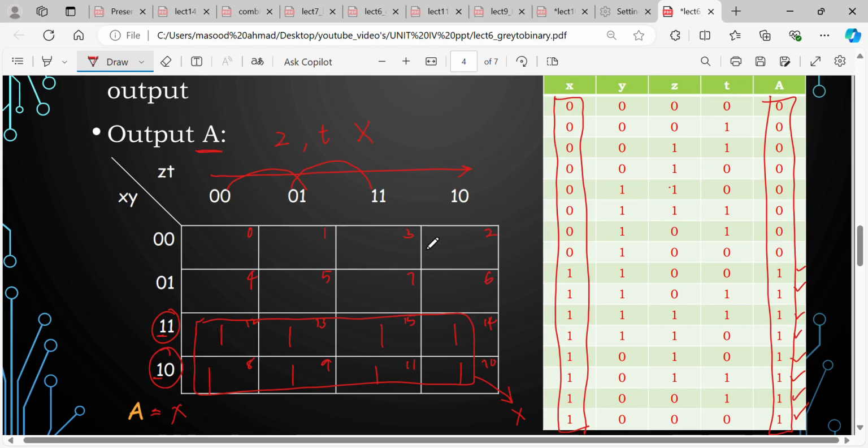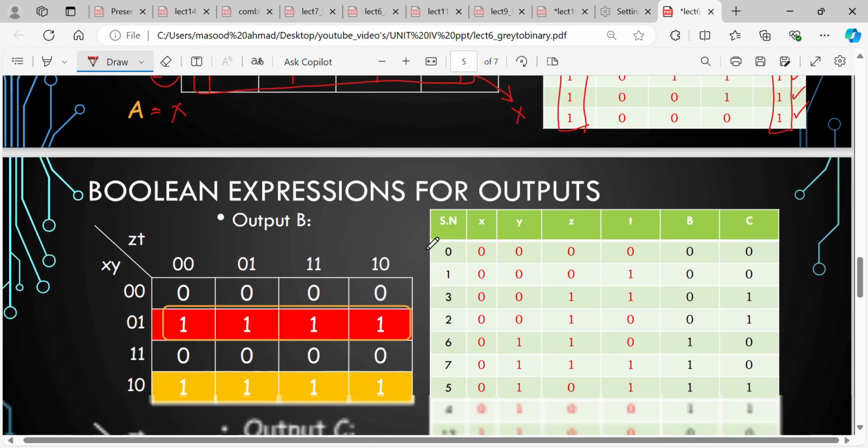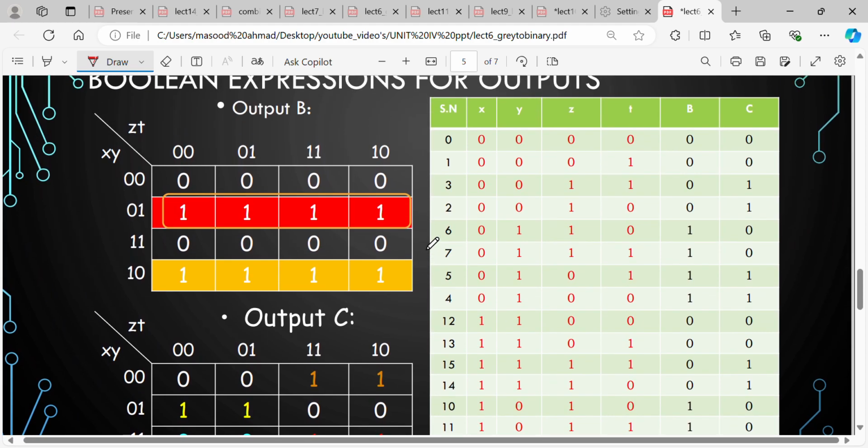Next, I need to enter the values of B into the K-map. The values of B are 4 ones over here, which are nothing but 6, 7, 4, 5. This is 4, 5, 7, 6. The index values are 0, 1, 3, 2.